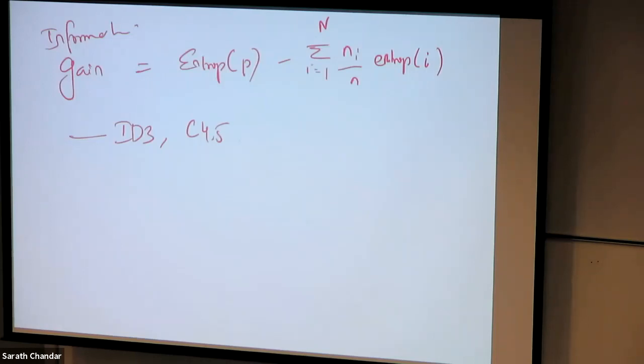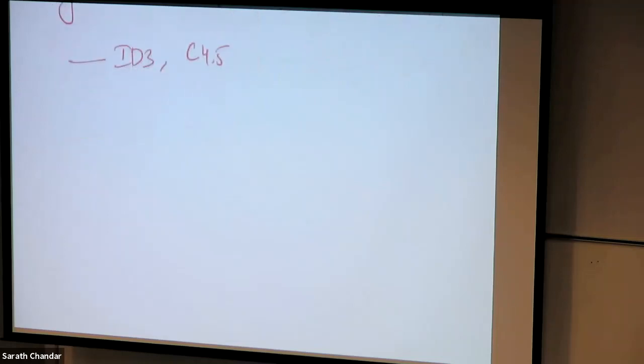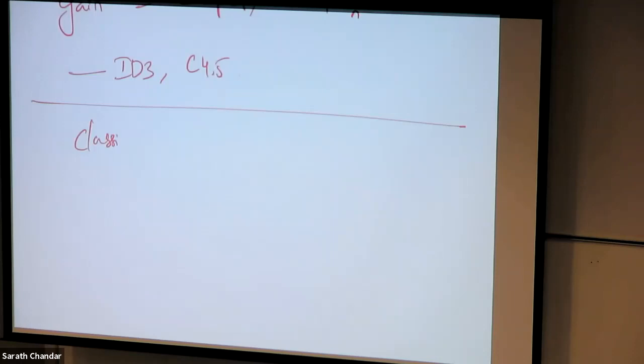Okay. Now the third criteria is the idea of classification error. So the definition is simple.